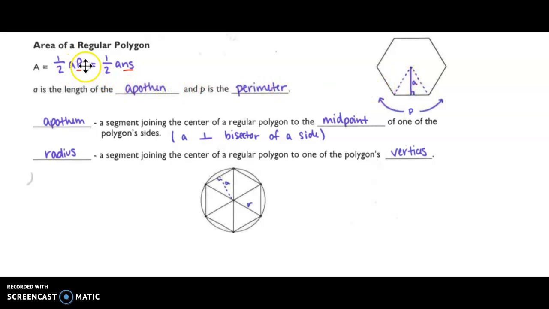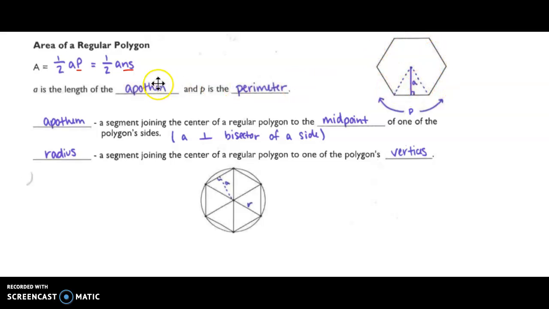Here I underlined capital P, the perimeter. The perimeter is actually N times S. N is the number of sides, S is the length of that side, and so the perimeter is the number of sides times the measure of that side.